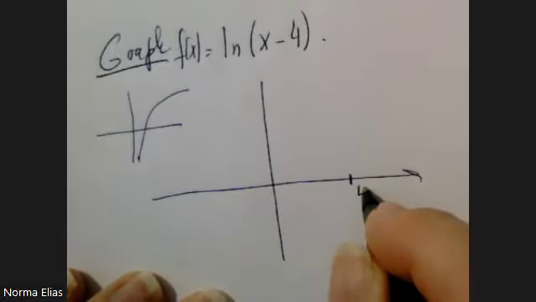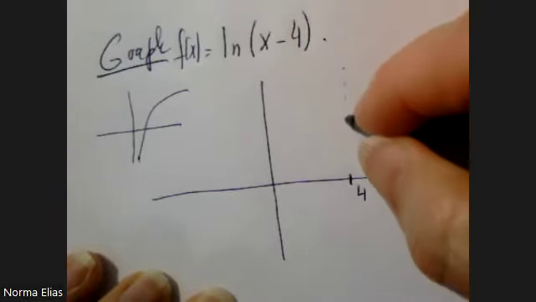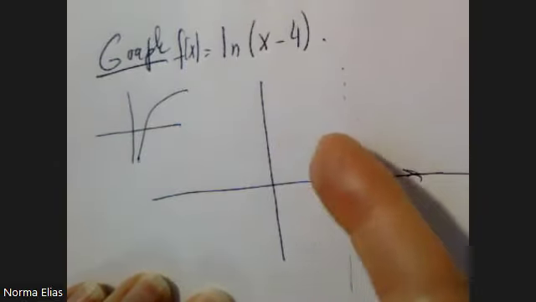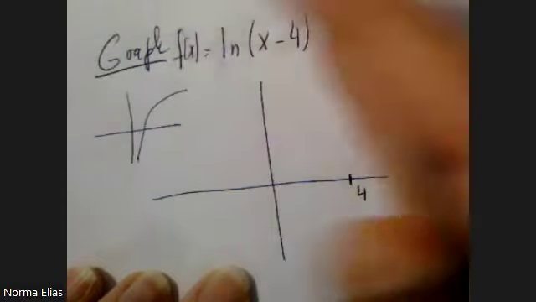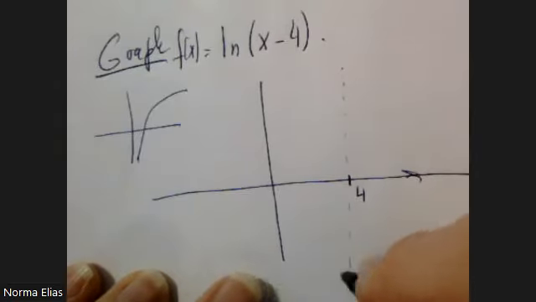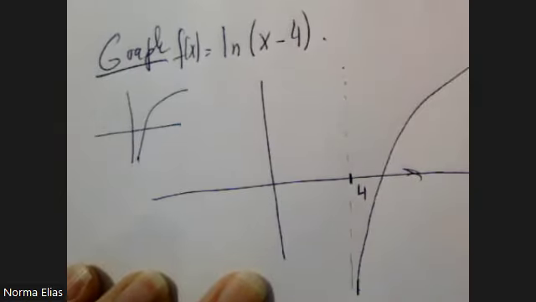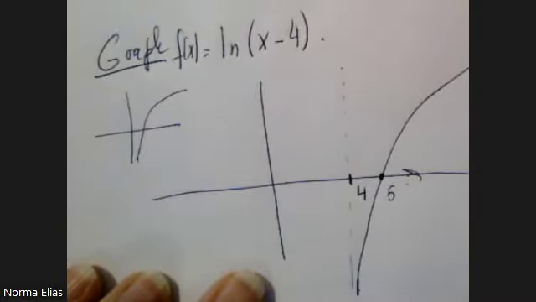So this is a 4 in here. And basically it's going to look like this. The y-axis in your head is going to be shifted, and the graph is going to be very close to this line, go up, and then go like this. And this would be 5.